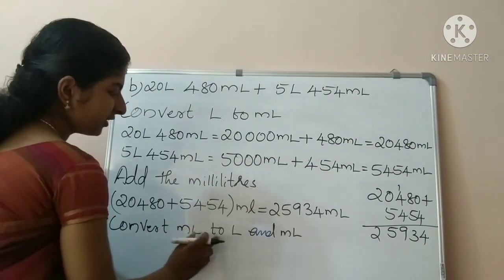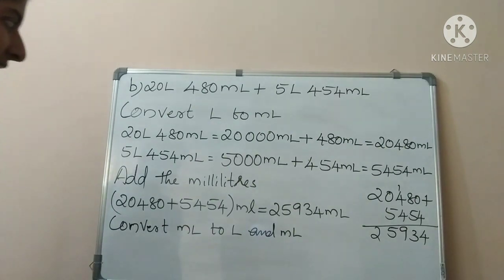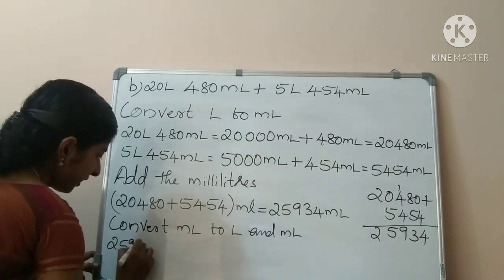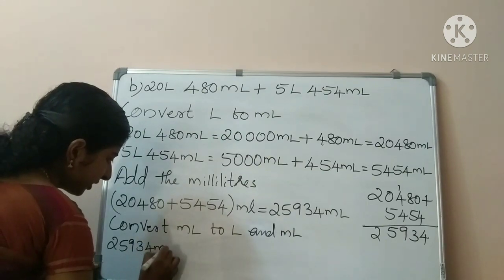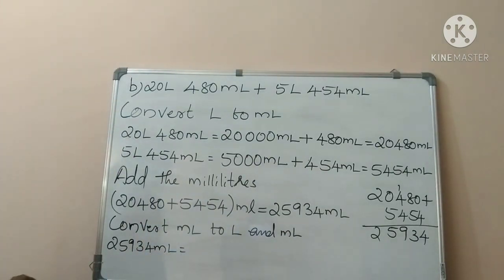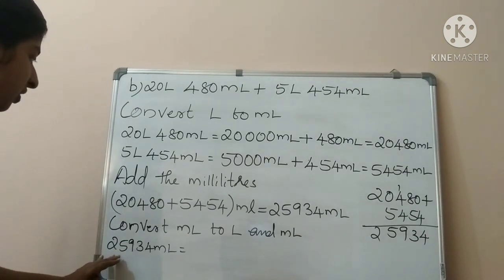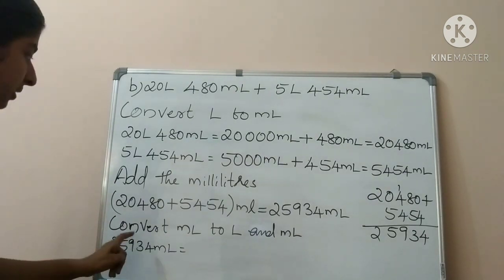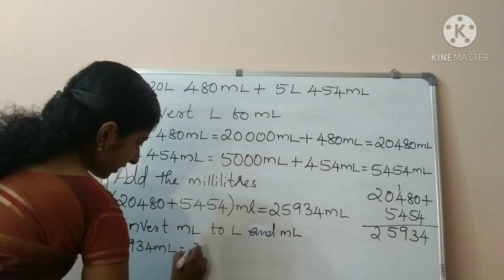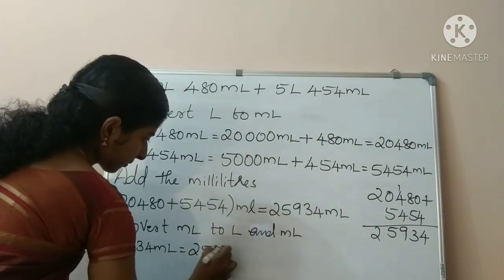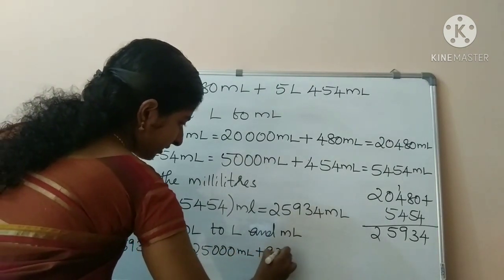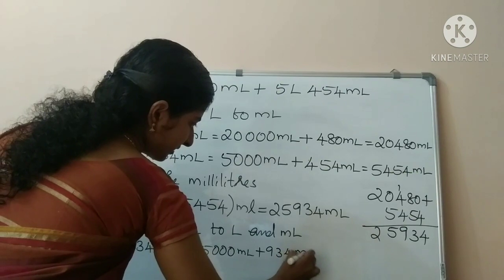Convert milliliter to liter and milliliter. Then 25,934 milliliter is equal to, first we split this number on the basis of 1000. That is 25,000 milliliter plus 934 milliliter.